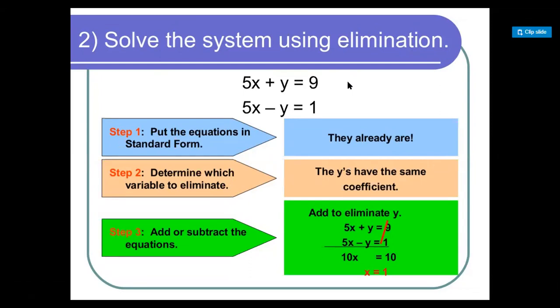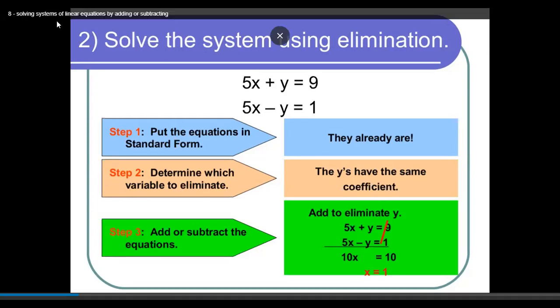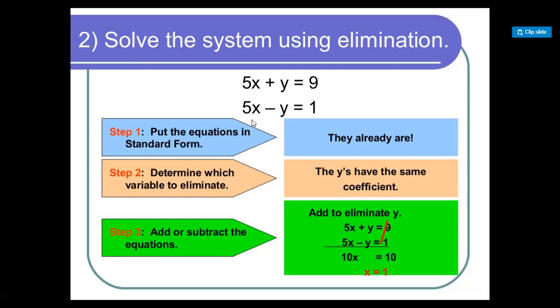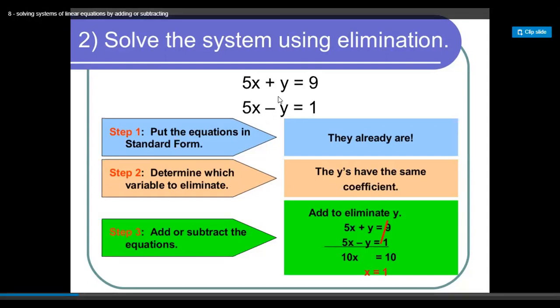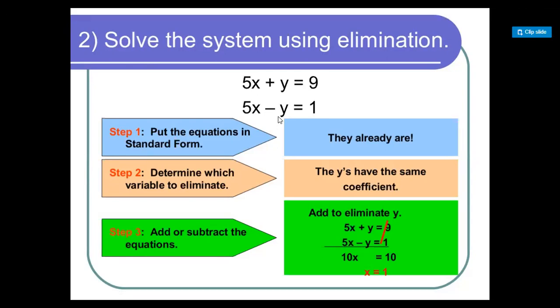So in this question, look at the variable before x. The coefficient before x is 5, and the second equation is what? 5. And look at y: I have 1 and negative 1, right? Then do you want to work now with x or with y?